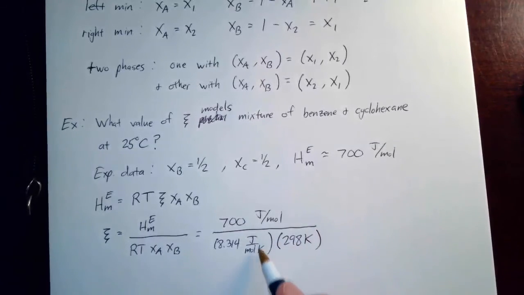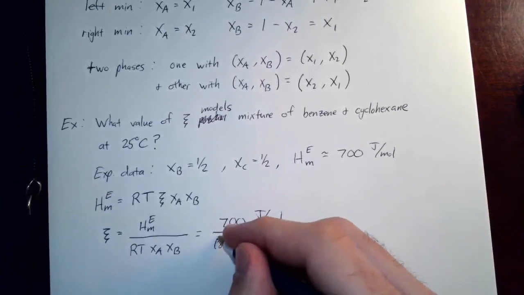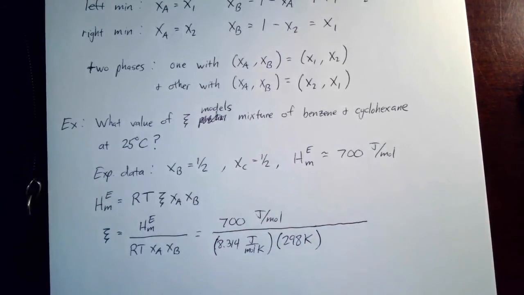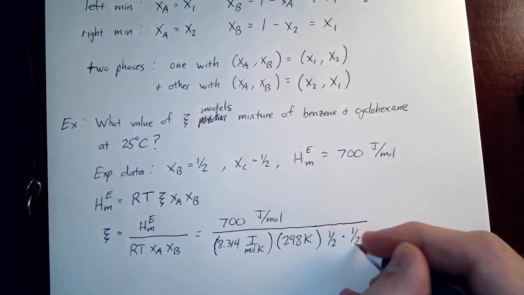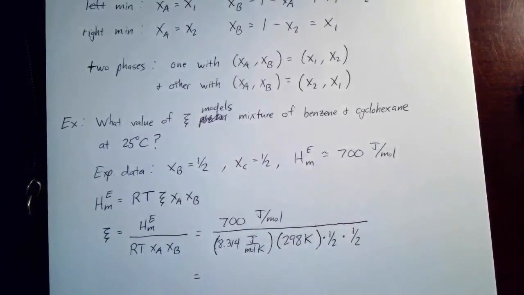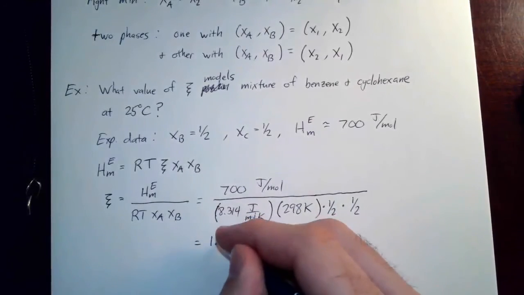Which you see, we'll cancel this Kelvin. I'll have joules per mole and joules per mole, which is good because C should be dimensionless. And then I have two more dimensionless numbers here on the bottom, XA and XB, which are each a half. Okay, so plugging all this into a calculator, we get a C of about 1.13.